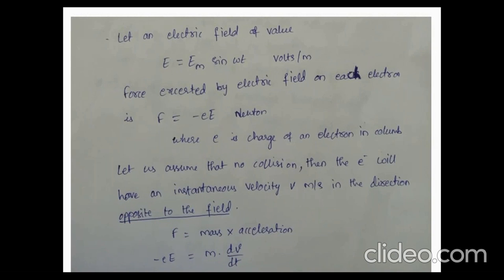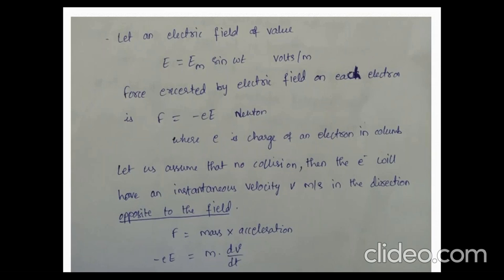Here small e is the charge of an electron in coulombs, and capital E is the electric field. It is negative because of the negative charge, so we will get lagging. And let us assume there will be no collision.